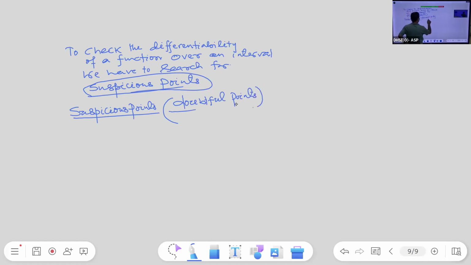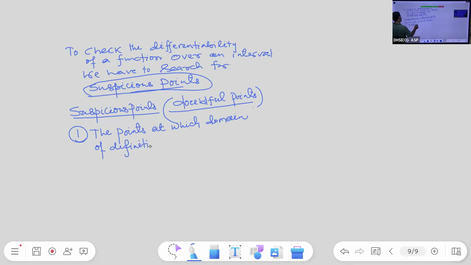Suspicious points or doubtful points. Point one: the points at which the domain of definition of a function changes are doubtful points.